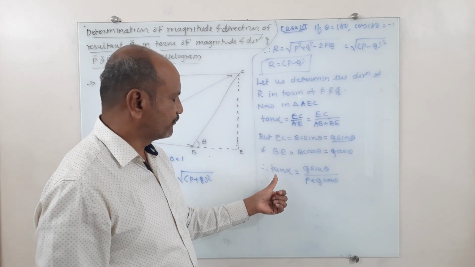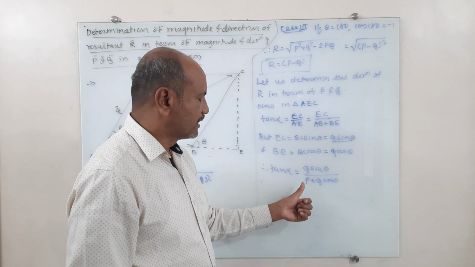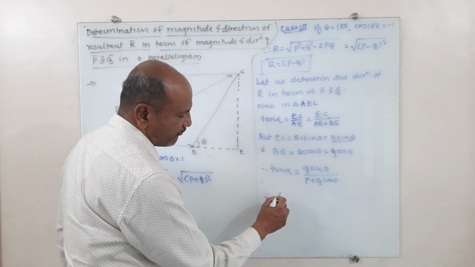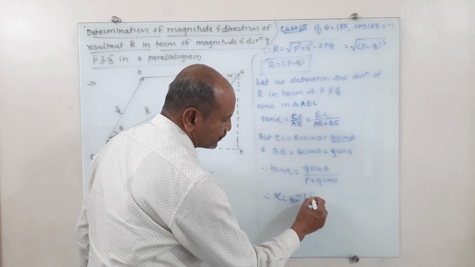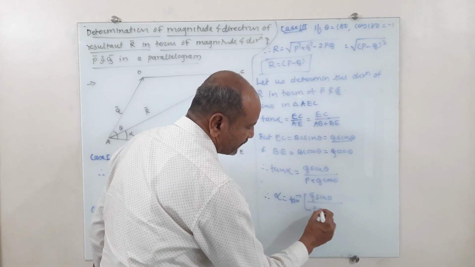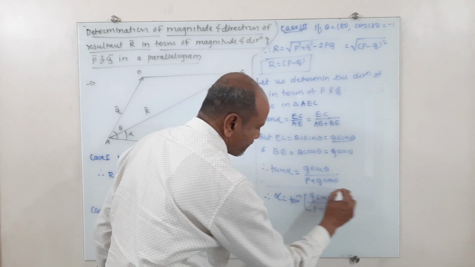And therefore, we get tan alpha is equal to Q sin theta upon P plus Q cos theta. And therefore, alpha is equal to tan inverse Q sin theta upon P plus Q cos theta.